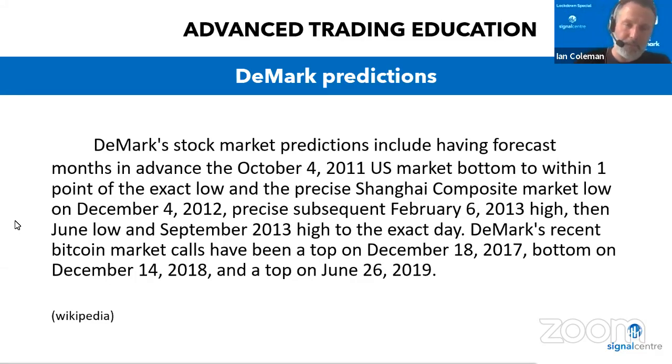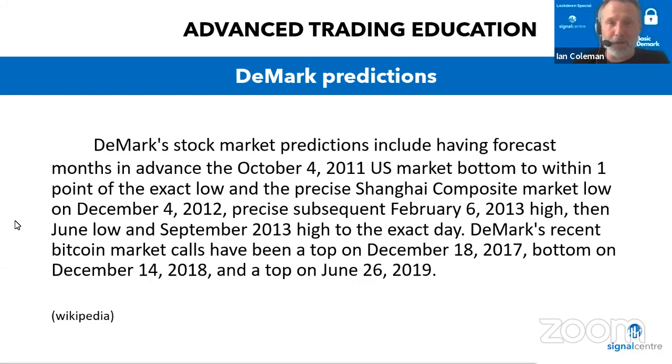And he also got the precise subsequent February 6th, 2013 high, then the June low and the September 2013 high, to the exact day. DeMark's recent Bitcoin market calls have been the top of the December 18th, 2017 rally, the bottom on the 14th of December 2018, and the top on June 26, 2019.